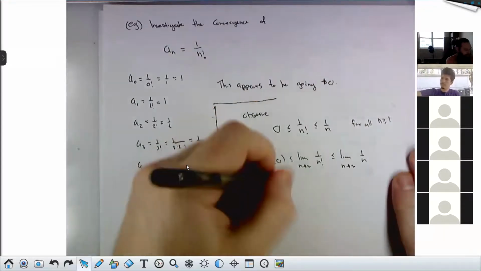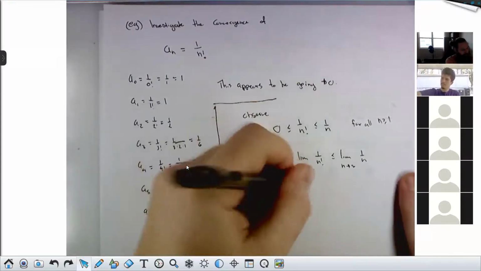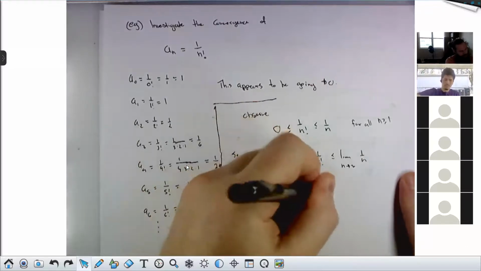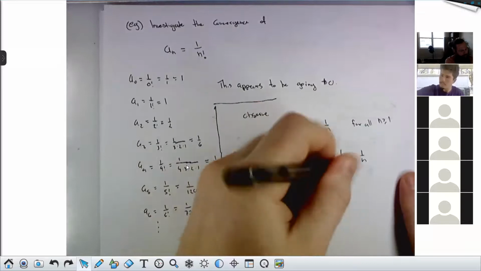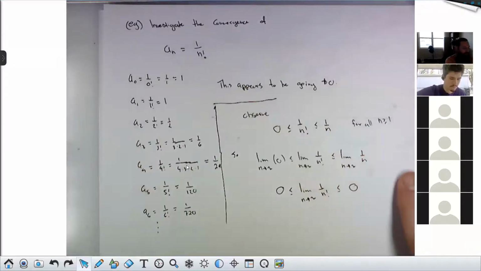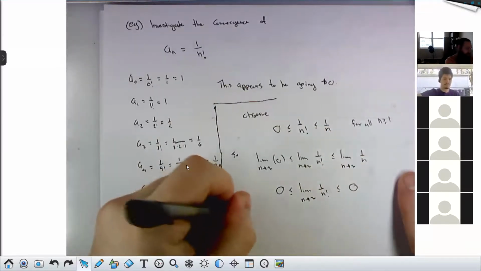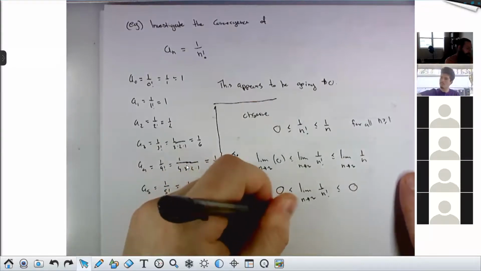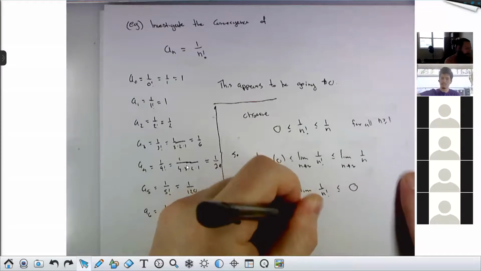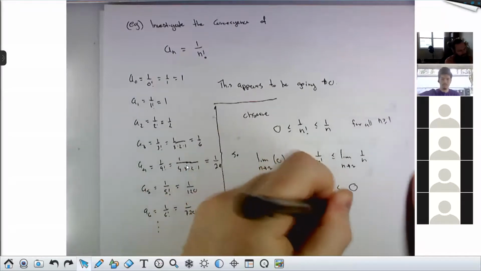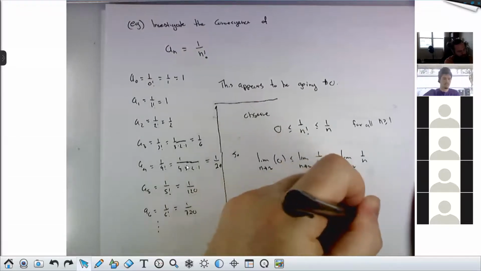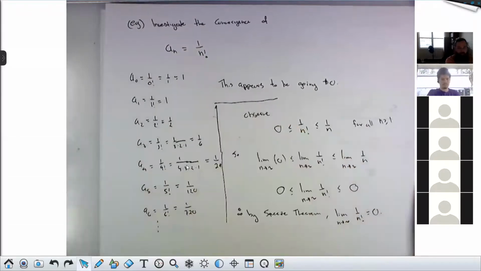The limit of 0 is 0. The thing in the middle is what I'm trying to figure out. And the limit of 1 over n is 0. Therefore, by the squeeze theorem, the limit as n goes to infinity of 1 over n factorial must be 0.